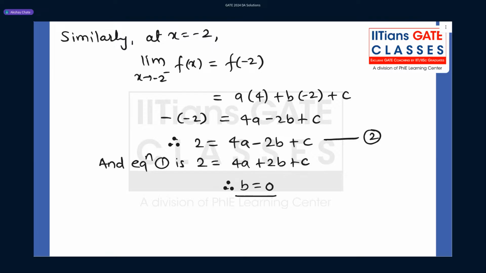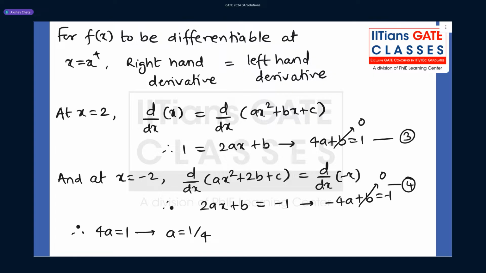So see, let's take equation 2. If you put b equal to 0, therefore you have 2 equal to 4a plus c, right? So the continuity equation is still helpful. So now you have this condition which is 2 equal to 4a plus c. Now you put a equal to 1 by 4. I'll use the next slide.